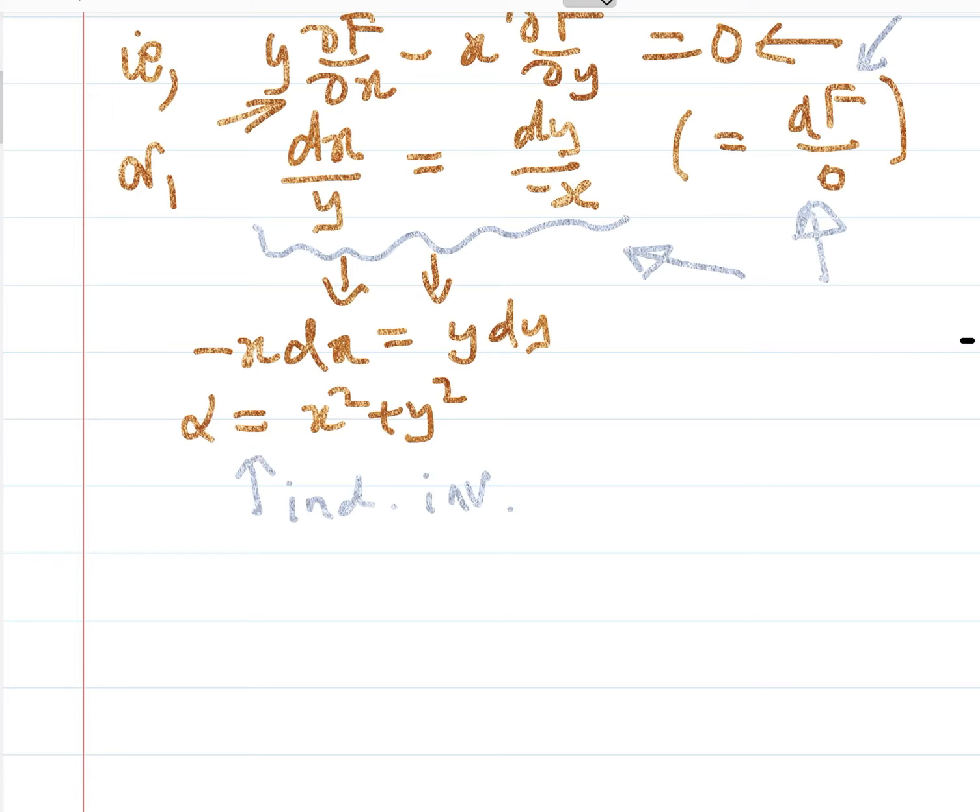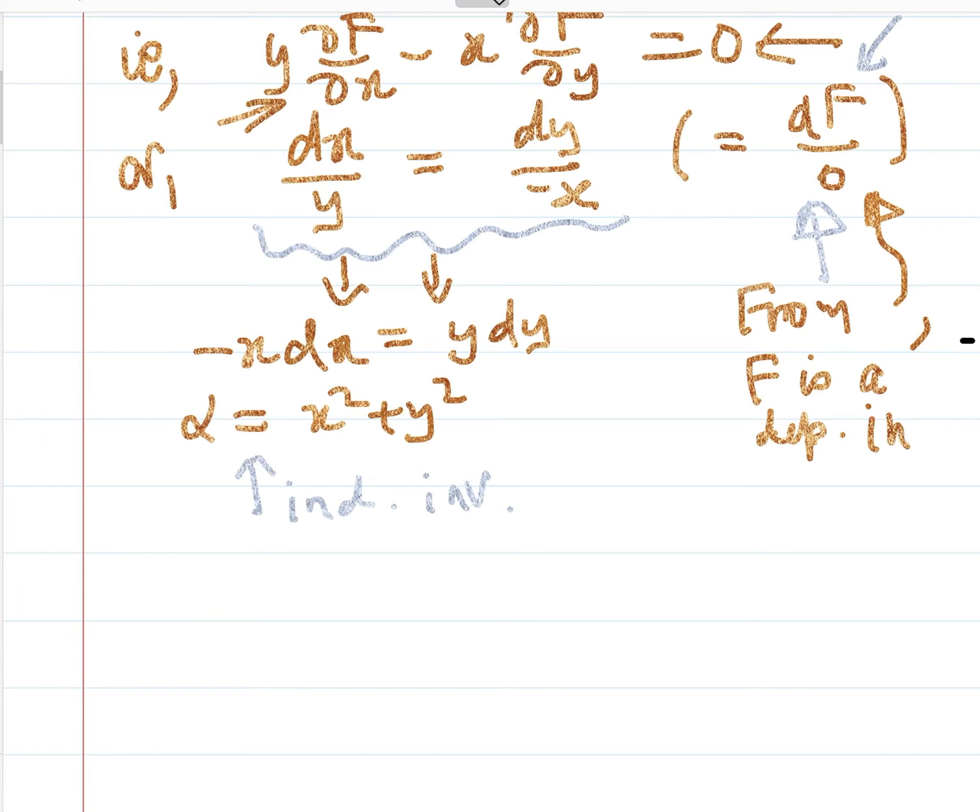But in this case we don't have that, and we have the simple case that since df is over 0, f itself is an invariant but a dependent one. So f is a dependent invariant.